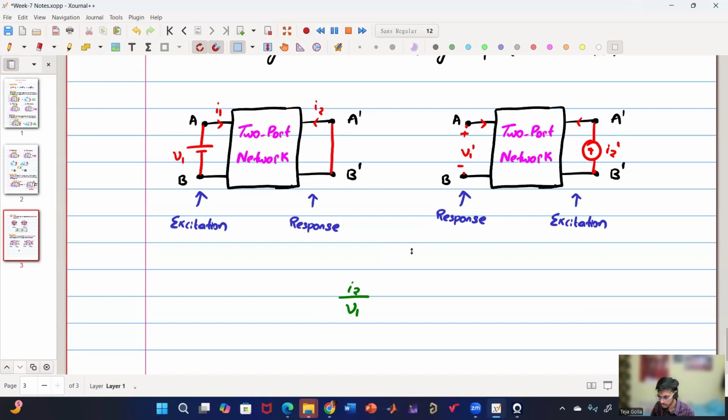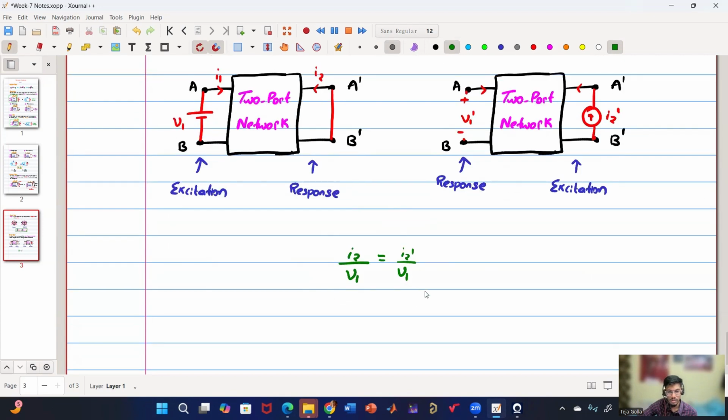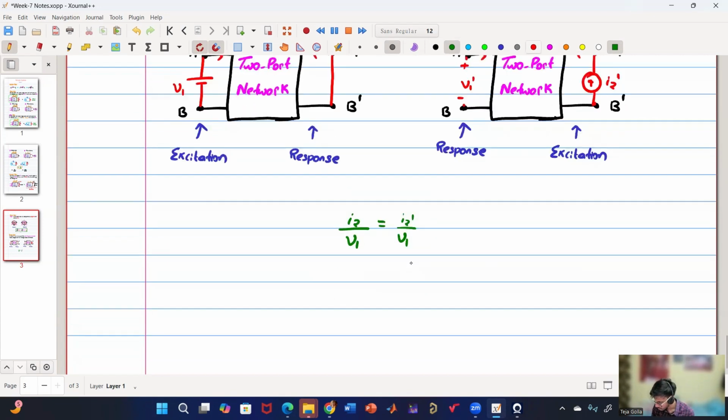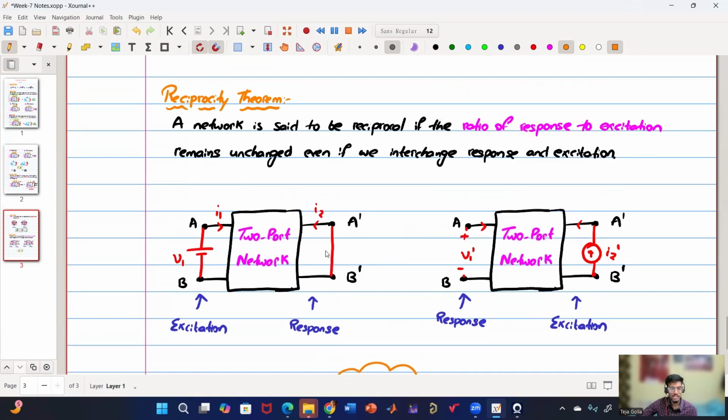So I2 by V1 will be the same as I2 dash by V1 dash. This is what the reciprocity theorem says. If this network is reciprocal, then you have to find the ratio of the response to excitation by exciting it at different terminals, and then see whether the ratio remains the same or not.